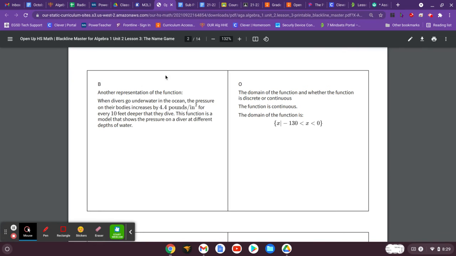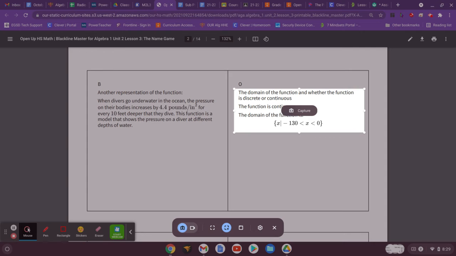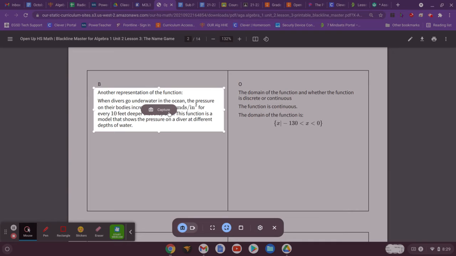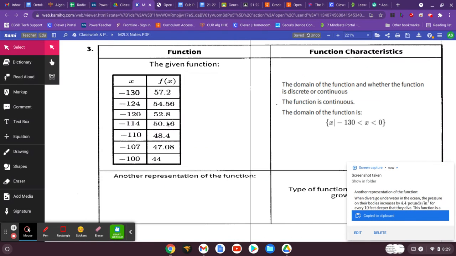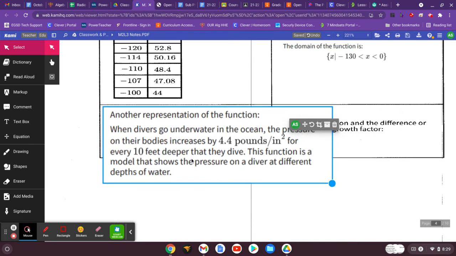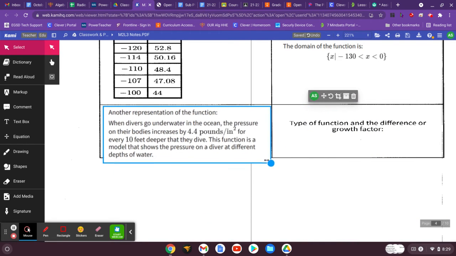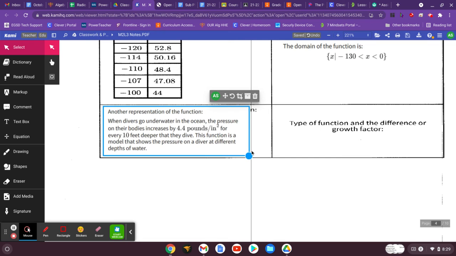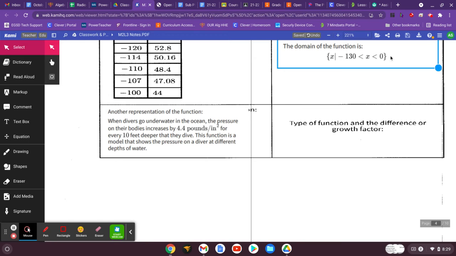As I'm looking through, I notice I have this story that goes with it. A diver goes underwater, and the pressure, every 10 feet, it's getting a little deeper, a little more pressure. And so going underwater, this would all be underwater. So 0 would be my highest. So that works for that one.